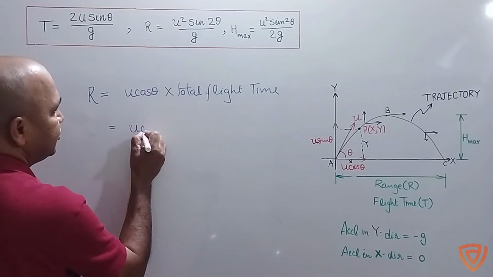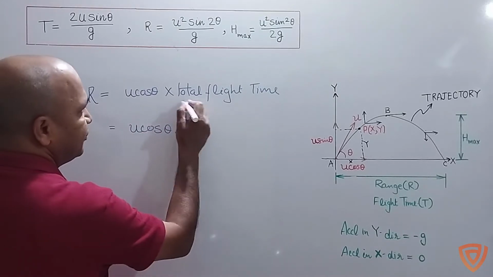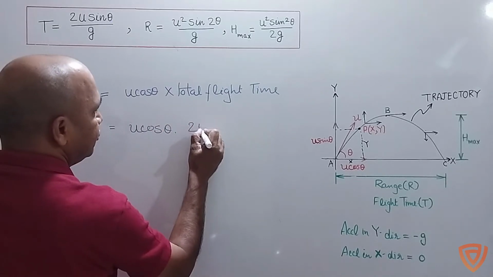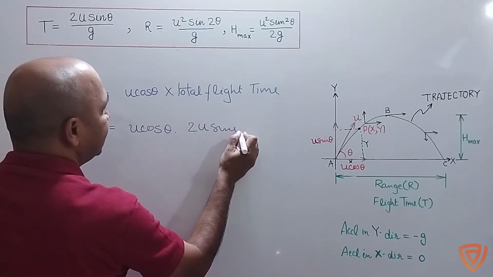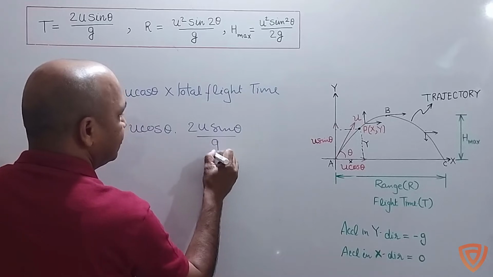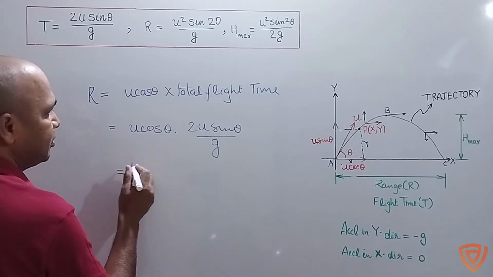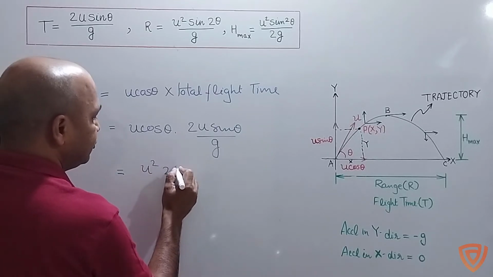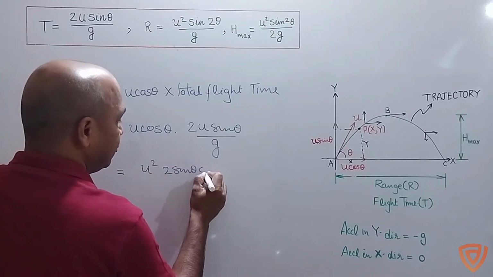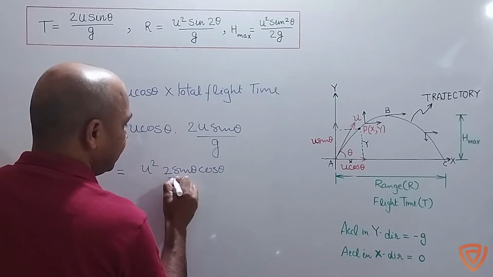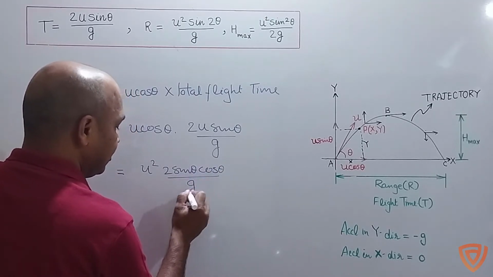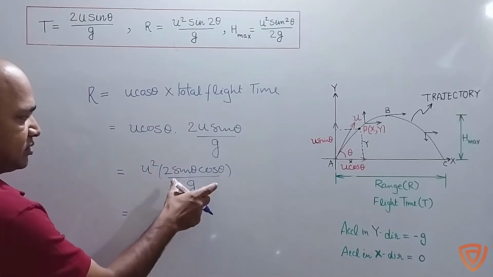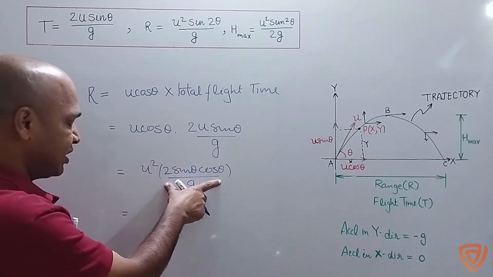So u cos theta, and what is the flight time we just now derived? 2u sin theta by g. This becomes u square 2 sin theta cos theta divided by g, and this we all know is the expansion of sin 2 theta.